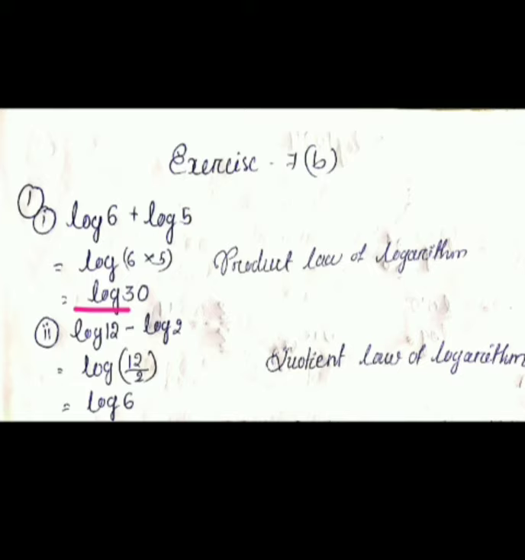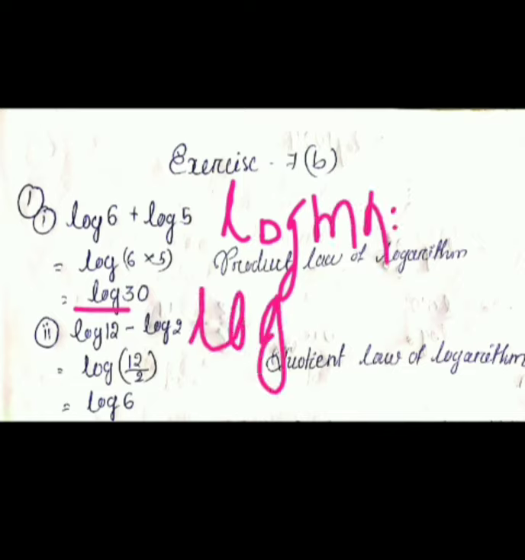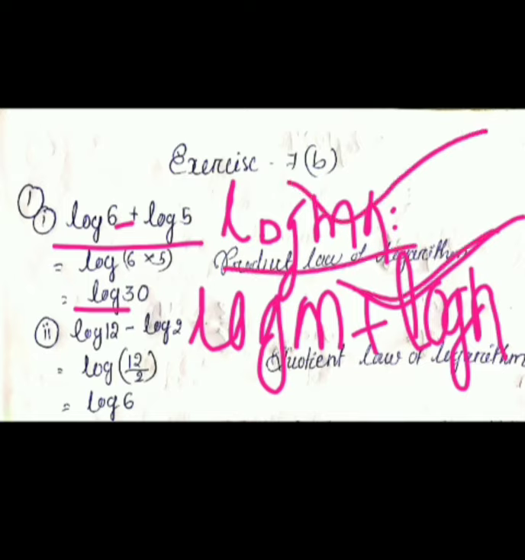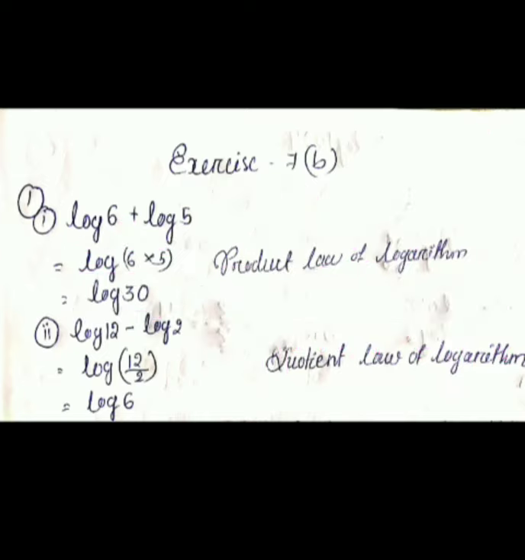The product law is what? Log mn equals log m plus log n. Now this is in the form of this, you have to write in this form. That's what we have written here, and we have multiplied and we got 30. This is log 30.